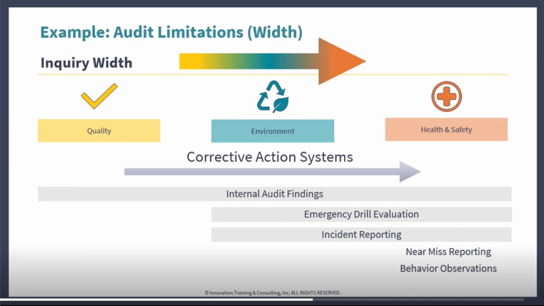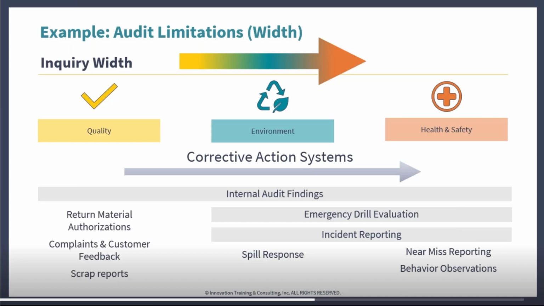And quality is going to use a little different terminology. Your return material authorizations, that's basically saying something wasn't perfect with the product, and you're going to have feedback from your customers, and if you're getting complaints, you're probably going to take action about that as well. And if your scrap reports are showing problems, again, somebody's likely to be trending that and starting some action.